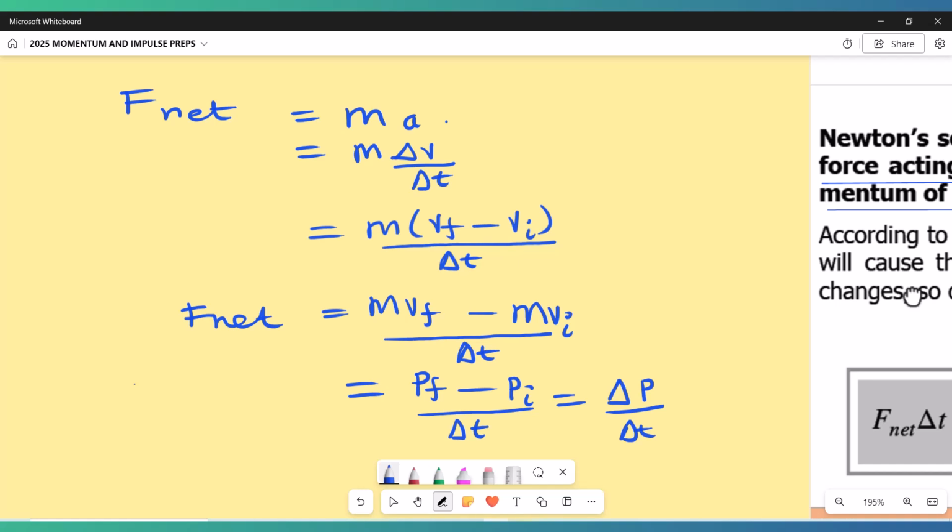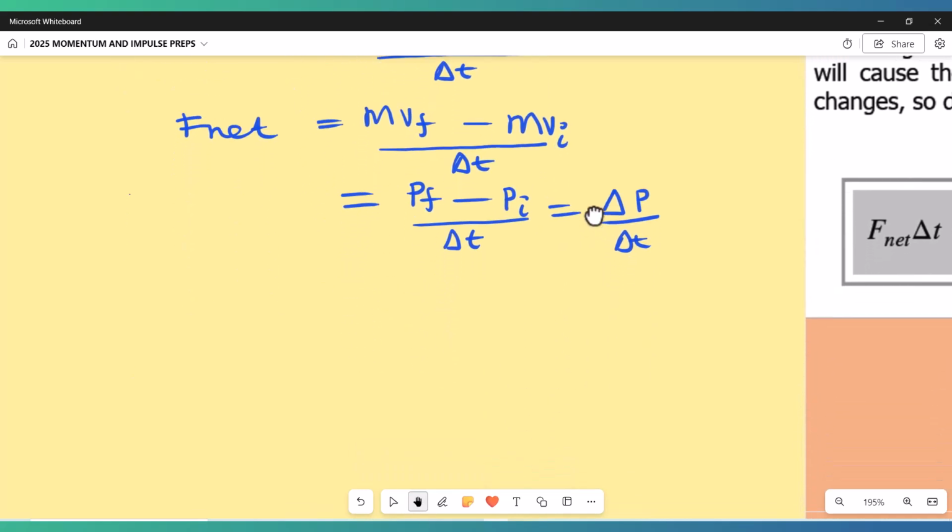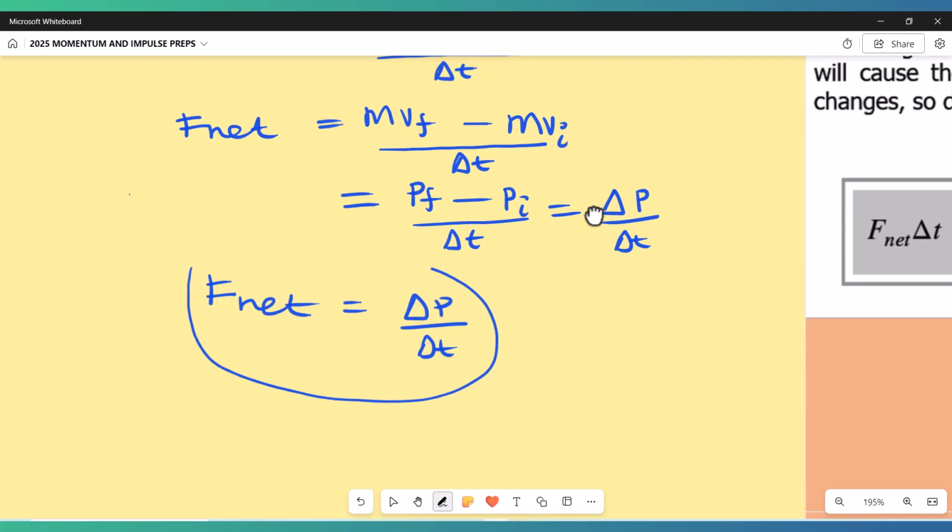Change in momentum divided by change in time. So you can see that now our F net, or our net force, is equal to change in momentum divided by change in time. And we also saw that our F net equals mass times acceleration.